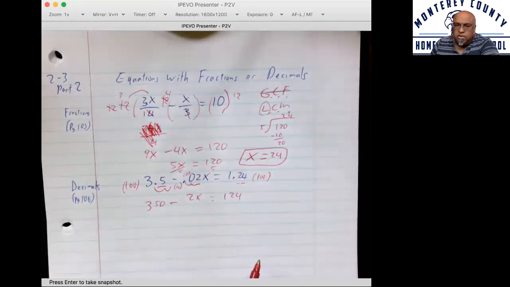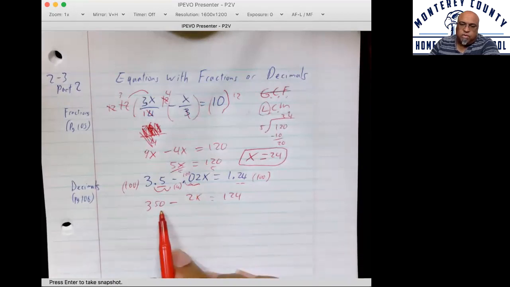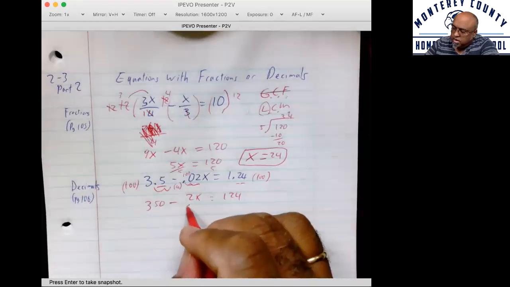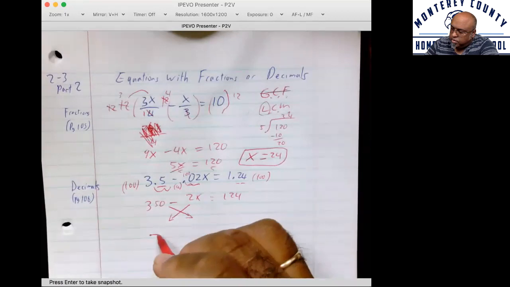Now, this is a place where people sometimes mess up. You might say, okay, this is 2x minus 350, so I add 350. No, this is positive 350 minus 2x. If that's confusing, a good thing to do might be to switch the order of them so it's in standard order.